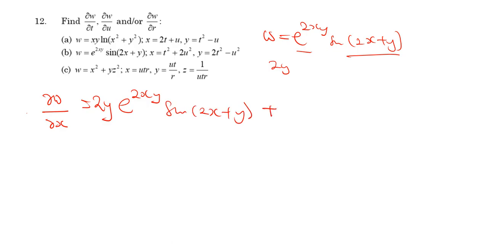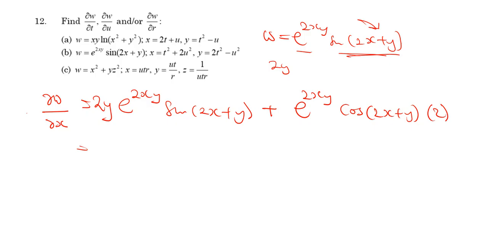Plus, the next one means I keep the first part, e to the 2xy, constant, then I differentiate the sine, and you get cosine of 2x plus y. But then there's the inner function, so chain rule again: I differentiate what is inside with respect to x, and that gives me 2.